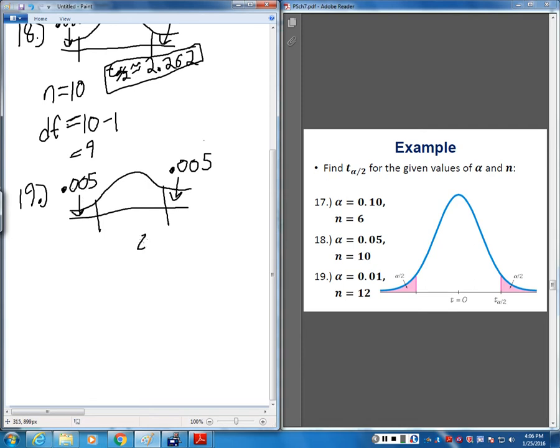I'm looking for the t-score on the right-hand side. My sample size is 12 in this case. So the degrees of freedom, df for short, will be 11. Again, sample size minus 1.